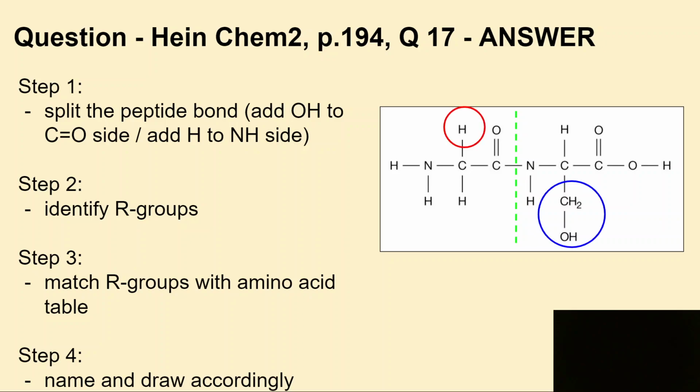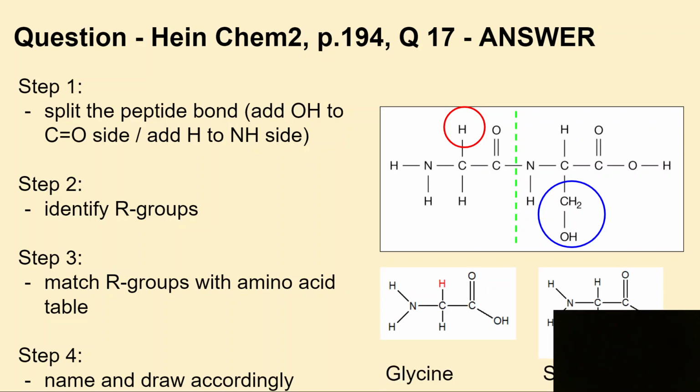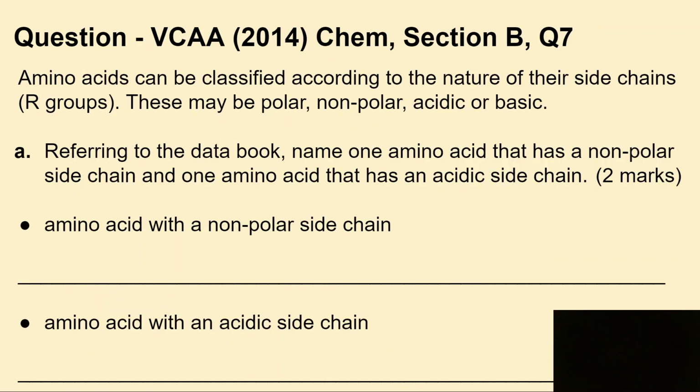Got an H on one side, which is our glycine residue, and we've got our serine functional group on the other side. Match the R groups with the amino acids on the table, glycine and serine. Name and draw accordingly, as shown.